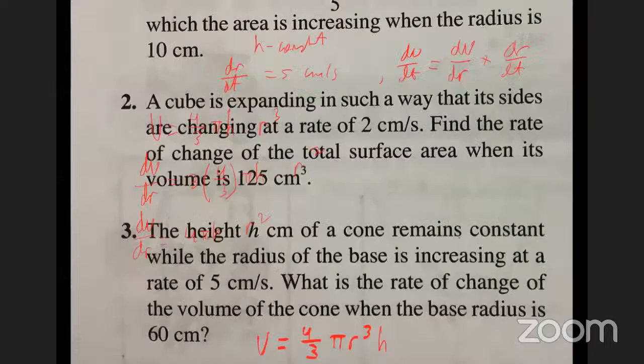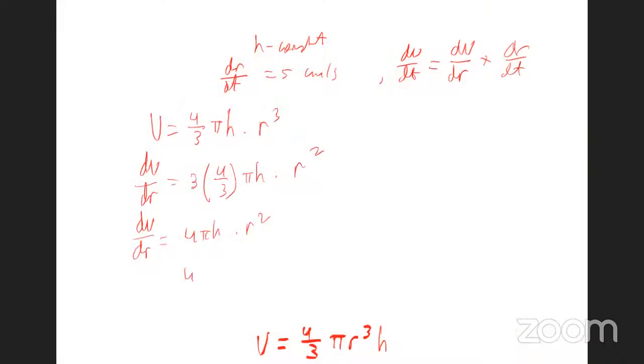The question said when r is 60. So this is 4 pi H times 60 squared. You can leave it in terms of pi. How much is that? That'll be 72,000 pi H, multiplied by 5.